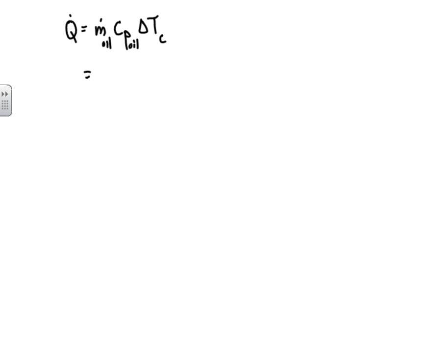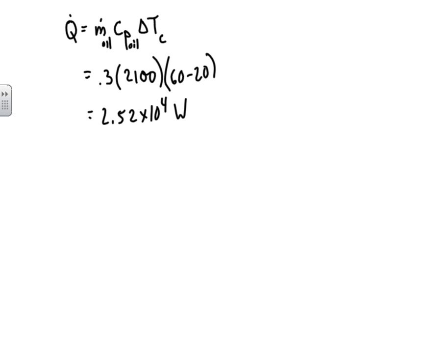So we know that this is equal to 0.3 times 2100 times delta T cold is 60 minus 20. So we get that our heat transfer rate is 2.52 times 10 to the 4 watts. Okay.